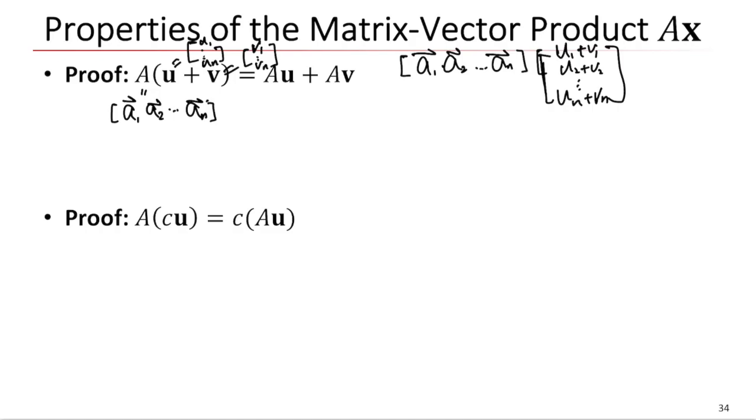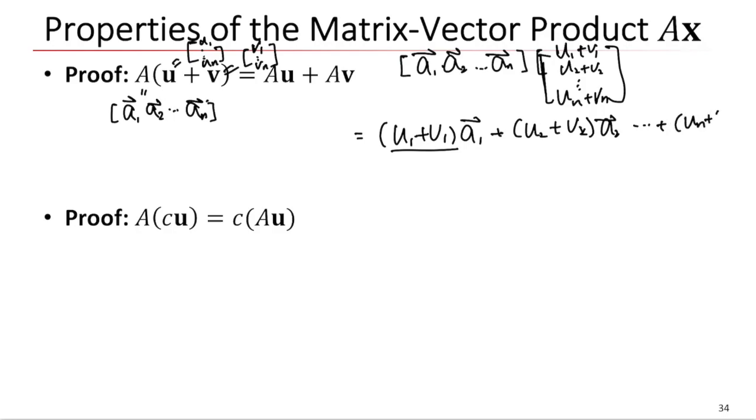Then what do we want to do? U1 plus V1, because this is a scalar value, times the column vector A1, plus U2 plus V2 times A2, through UN plus VN times AN, like this, right?